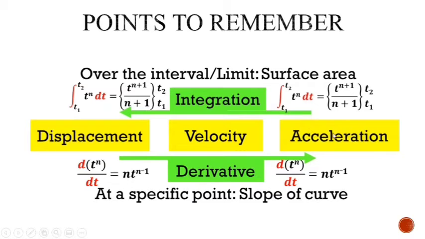If acceleration is given, then we need to take the integration of the equation, and you will get the velocity. If you take integration again, then you will get the displacement. So it depends on what is given in your statement and what quantity you are going to find out. Integration is the way to find out surface area, and it is taken over the interval of time, and limits are provided, upper limit and lower limit, as we discussed.